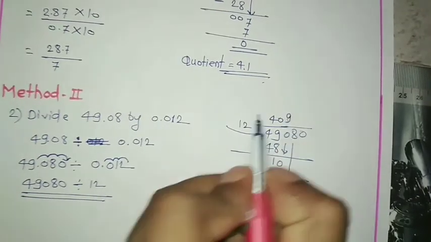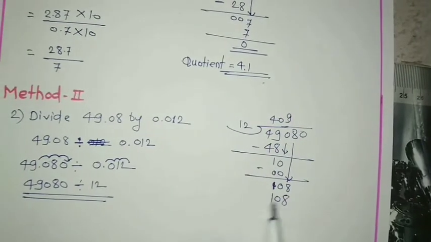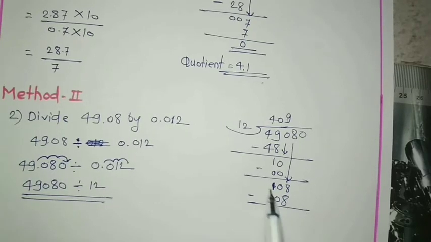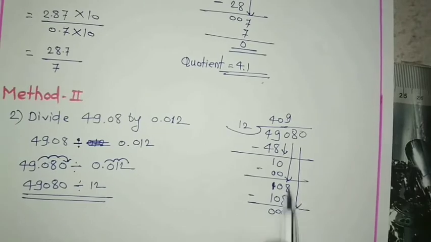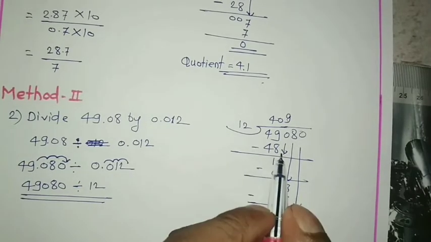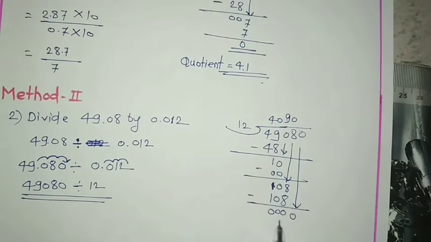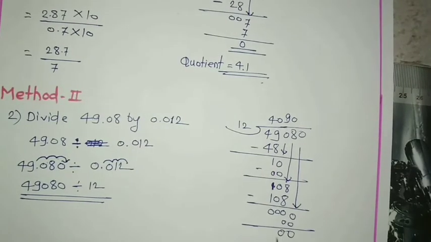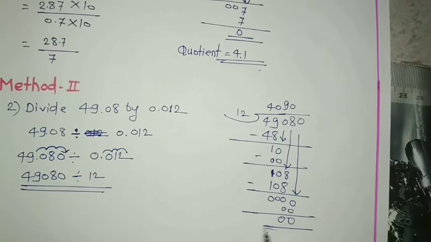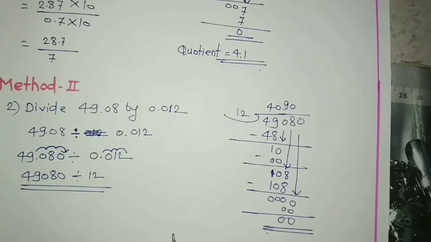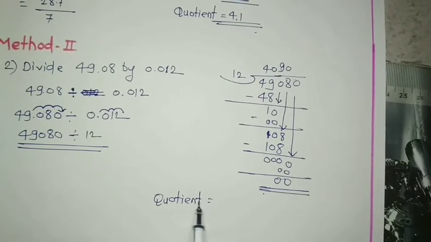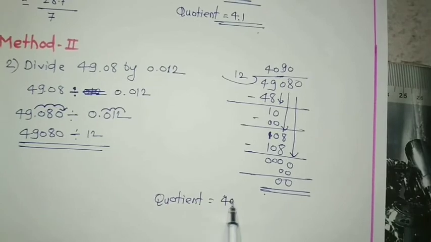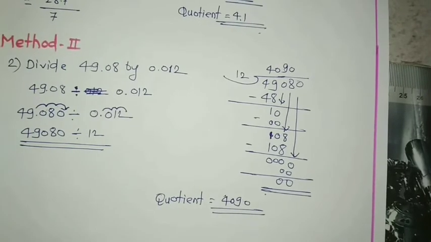So 12 nines are 108. So 108 minus 108 is 0. I take this 0 here. 12 zeros are 0. 0 minus 0, 0. So our quotient is 4090.